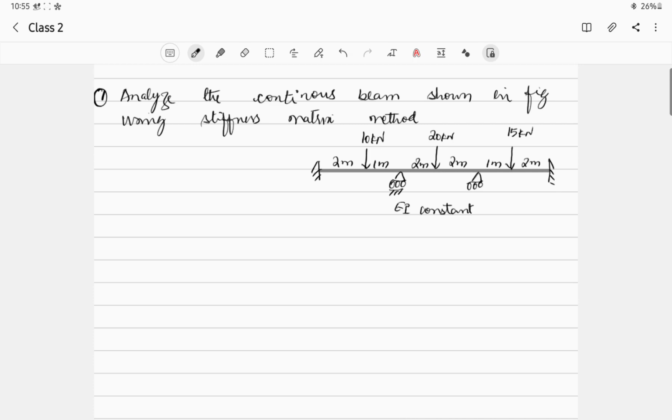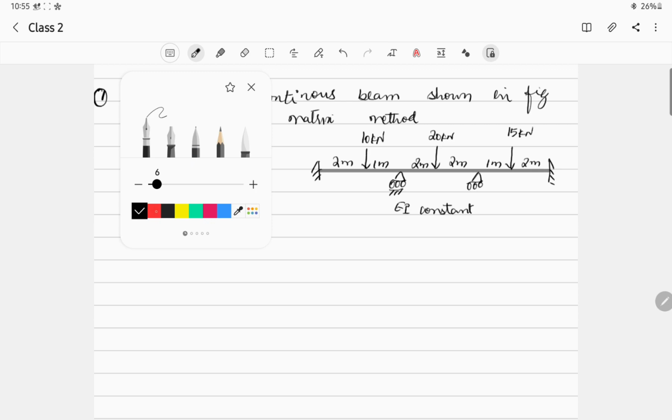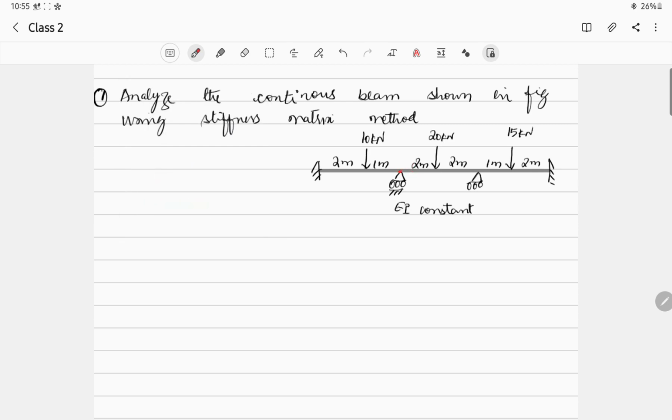Okay, so initially we calculate the degree of kinematic indeterminacy of the structure. So how do we calculate it? See here, whenever we have a rotation theta, for example over here, at this location we'll have theta, and here also we'll have theta.